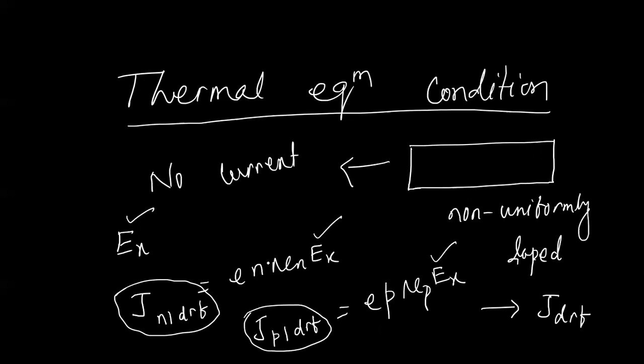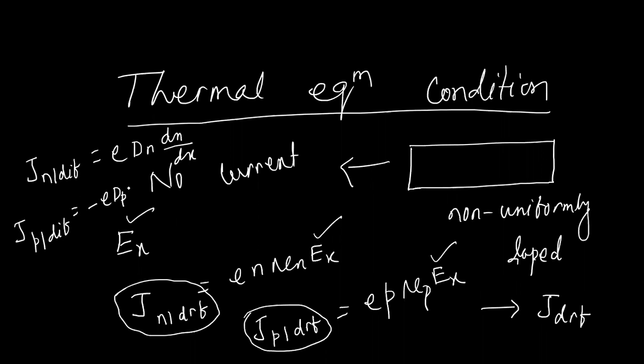Similarly, because there is a difference in concentration, there will be diffusion as well, right? For electron diffusion, Jn diffusion, we write E Dn and dn by dx, this will also be there, right? And similarly for hole, Jp diffusion, there is a minus sign, E Dp, and dp by dx over here, right?